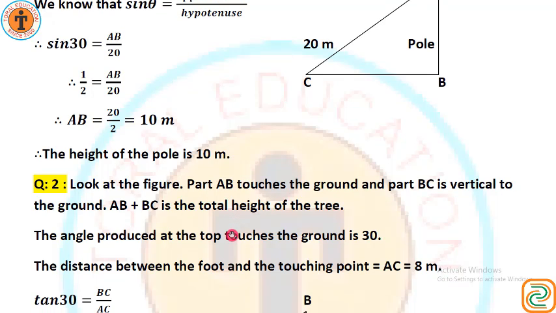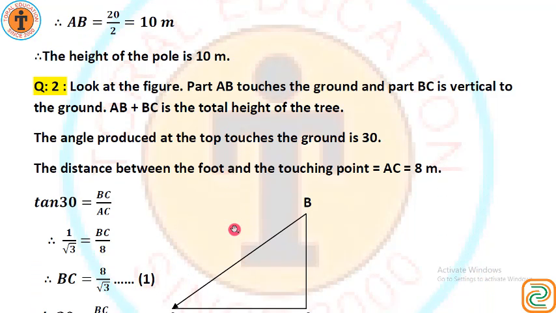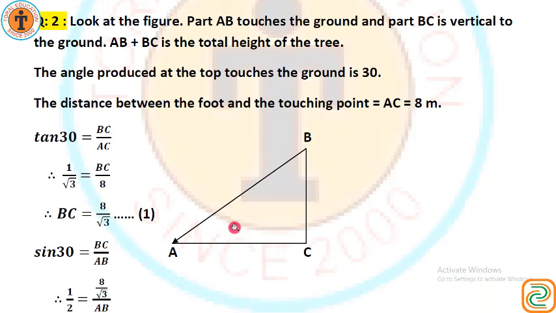Question number 2. I have drawn almost all the figures. A tree breaks down in a storm and the broken part bends so that the top of the tree touches the ground, making an angle of 30 degrees.